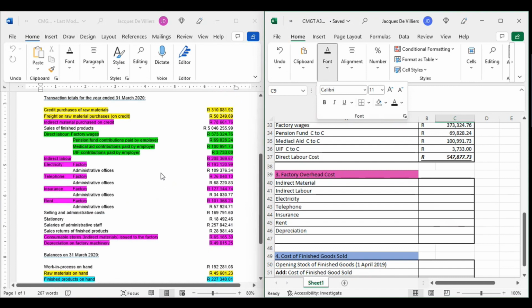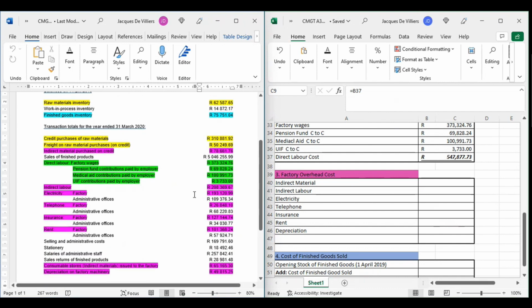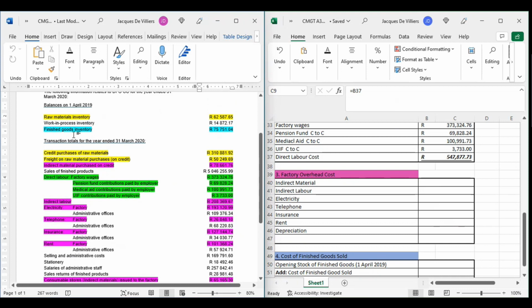Now we have a little bit of a problem because here we see that we bought indirect material on credit during the year, and here we see that we issued some of that to the store and some we didn't issue. The confusing part in this particular question is they never gave us an indirect material balance at the beginning of the year.